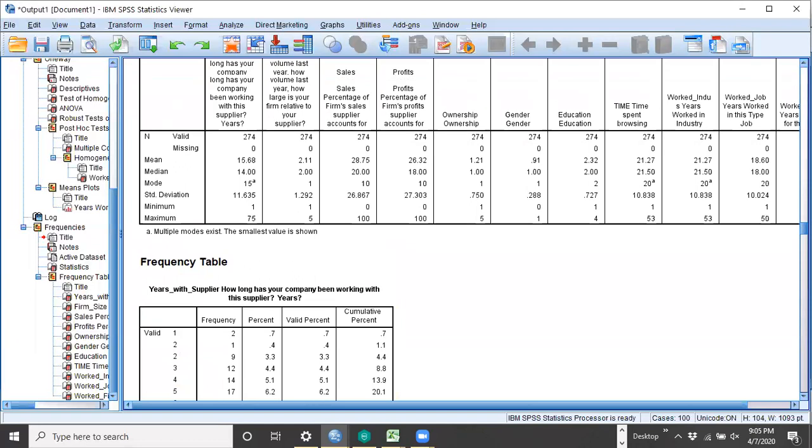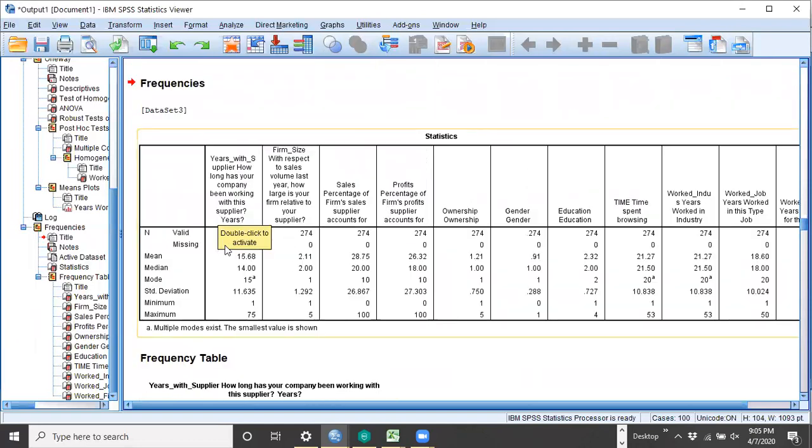So this is ratio. Because years with the supplier is a ratio level measurement, we can actually talk about things like mean, median, and mode. So the average years with the supplier is just over 15 years, so it's quite lengthy.